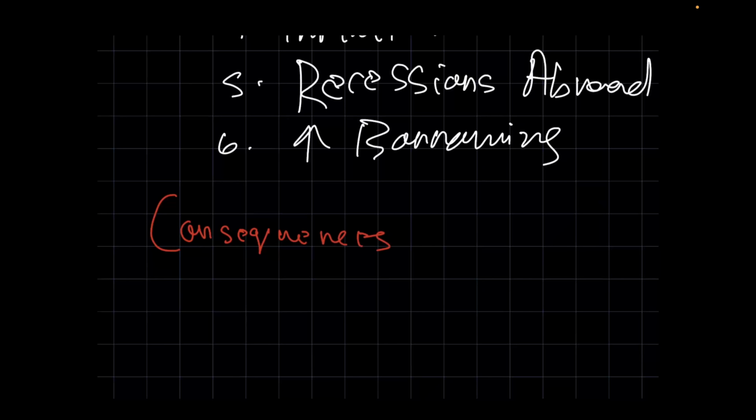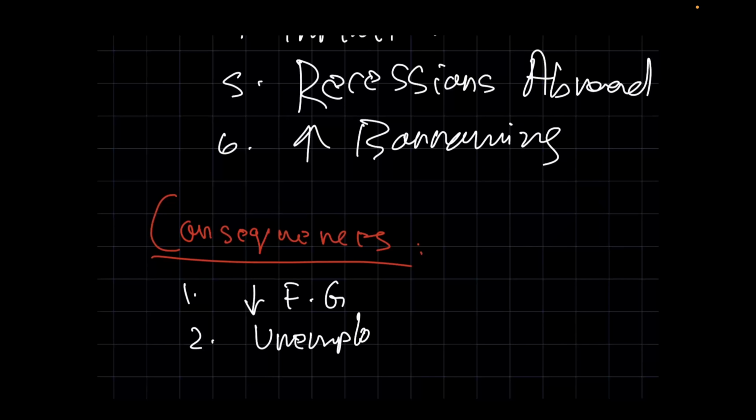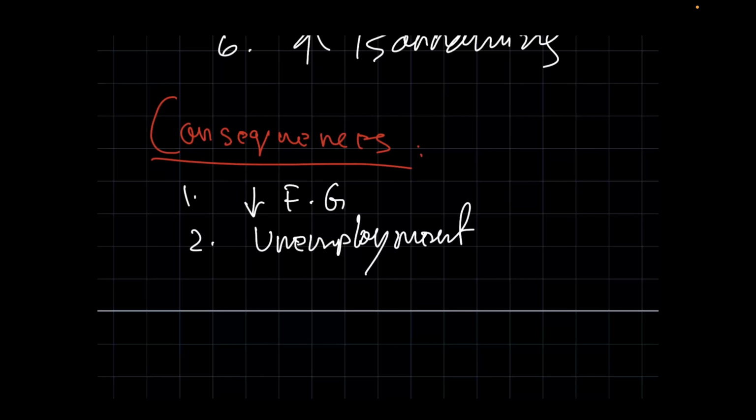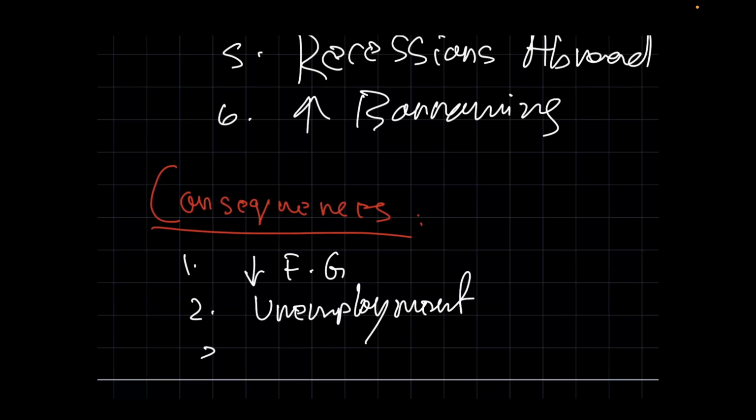Some consequences of a current account deficit would be, firstly, a fall in economic growth. You would have unemployment. Every single negative thing that could happen. Then you basically have to argue for everything in the opposite direction.